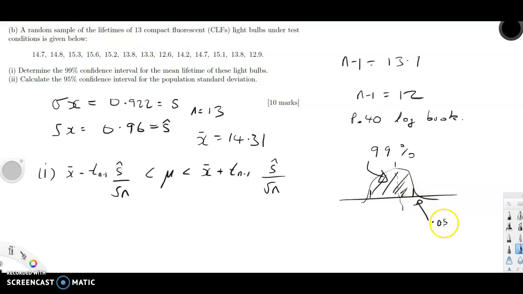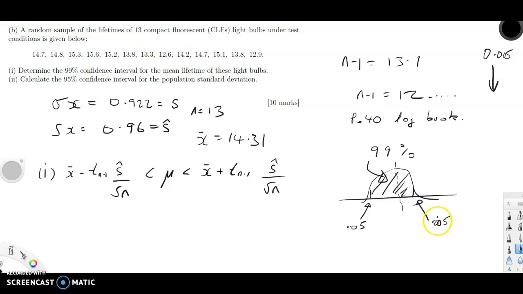So we're looking up the row with 12 on the t table, and the column is going to be, well, to be careful there, 0.005, half of 1%.